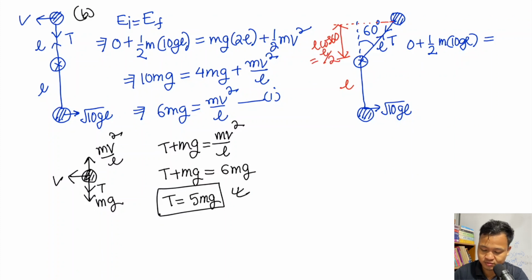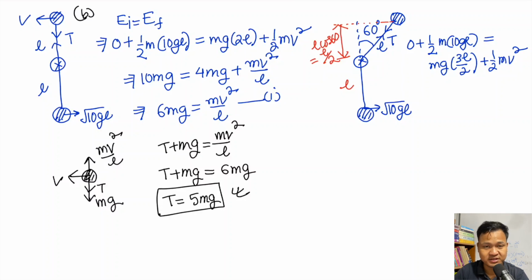So the total height increase is L plus L by 2, which is 3L by 2. So potential energy is mg into 3L by 2 plus half mv square.